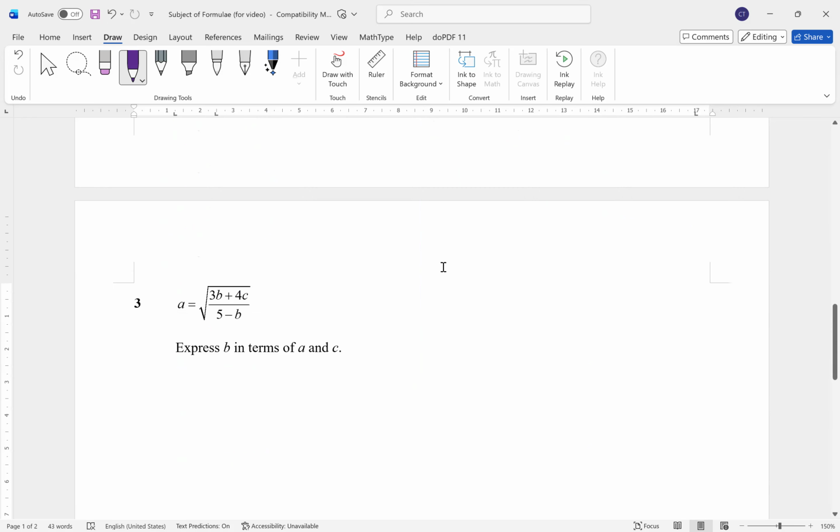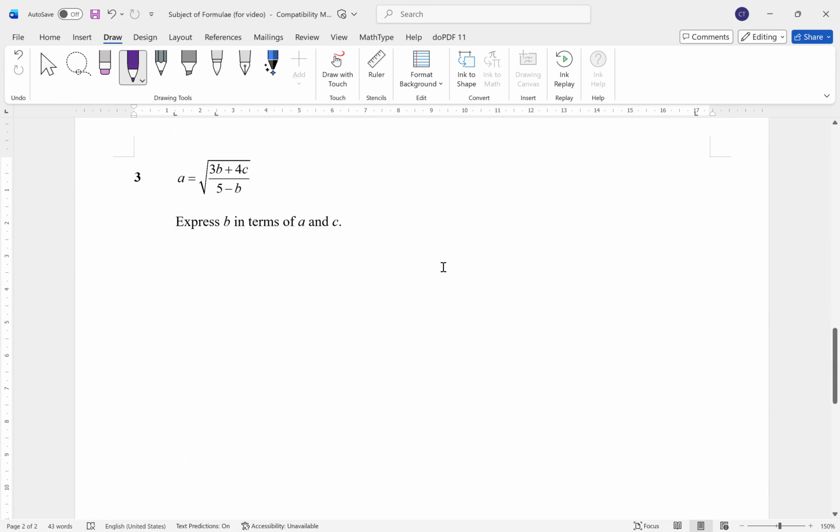Right, let's look at one last question. Over here, now we have a term that has a square root. So a equals the square root of 3b plus 4c over 5 minus b. So we have this particular equation. How do we then deal with this?